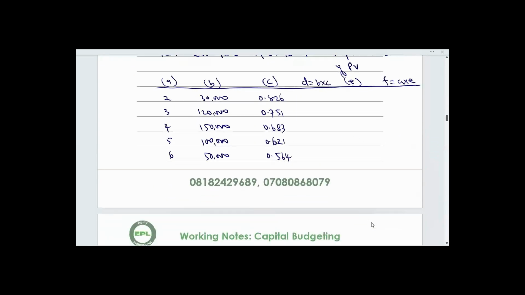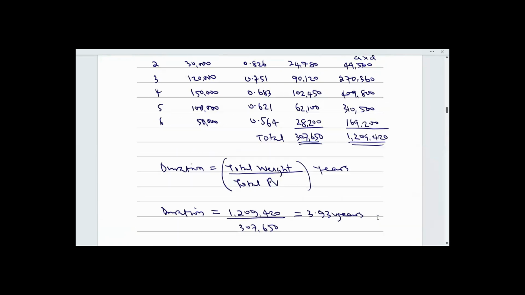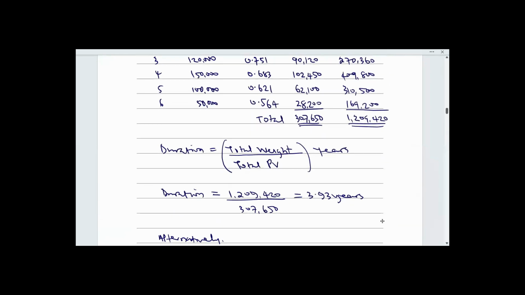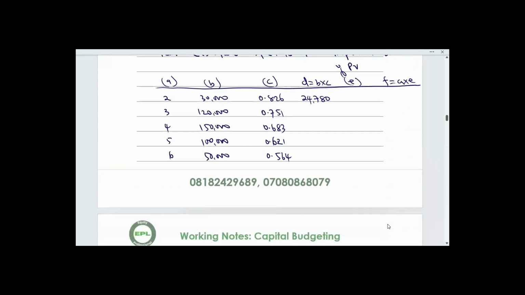We've calculated present value to be 24,780. Let me write that. The next one, 90,120. 102,450.